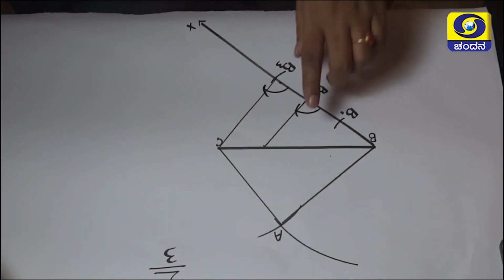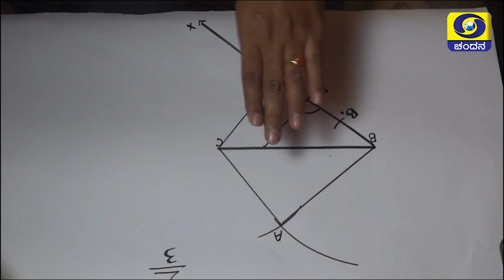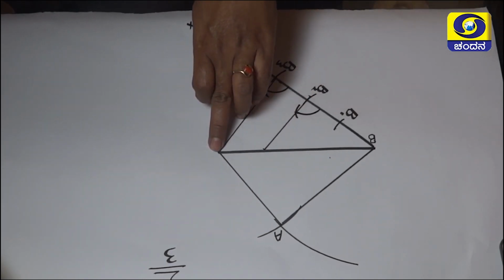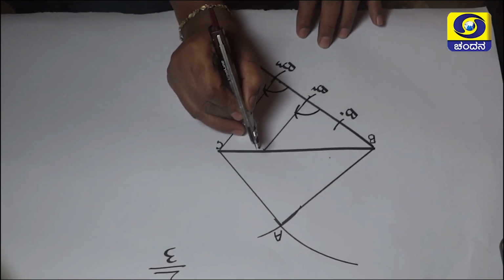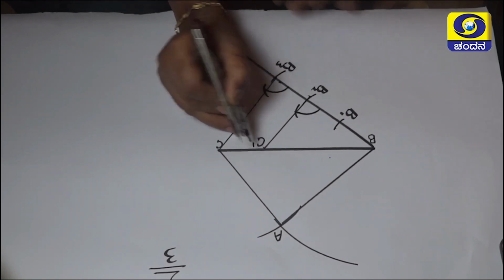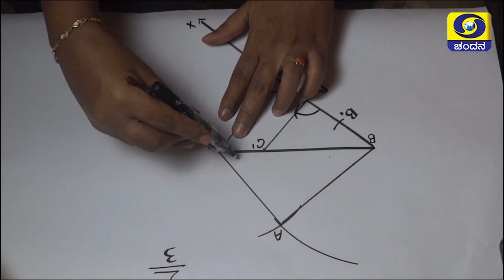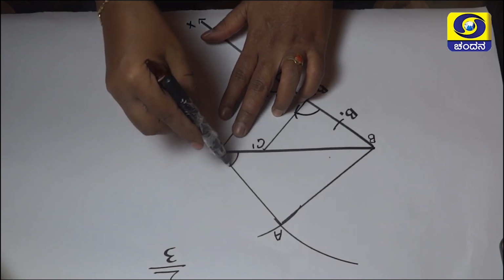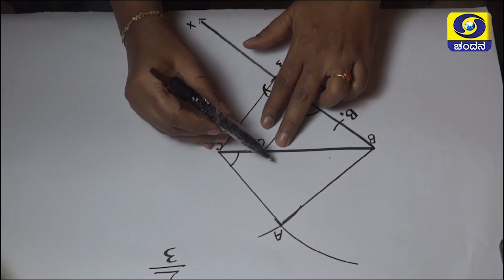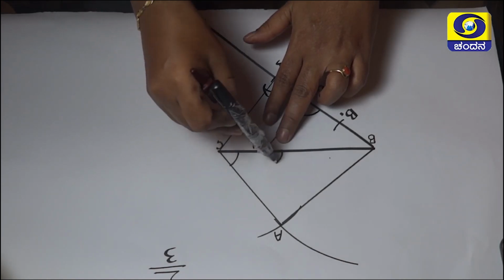Similarly, we have to create one more angle here at this point, copying angle from point C. Let us name this point as C dash. Again, we have to repeat the same procedure, like making an arc here, taking the same arc and copying here at point C dash.